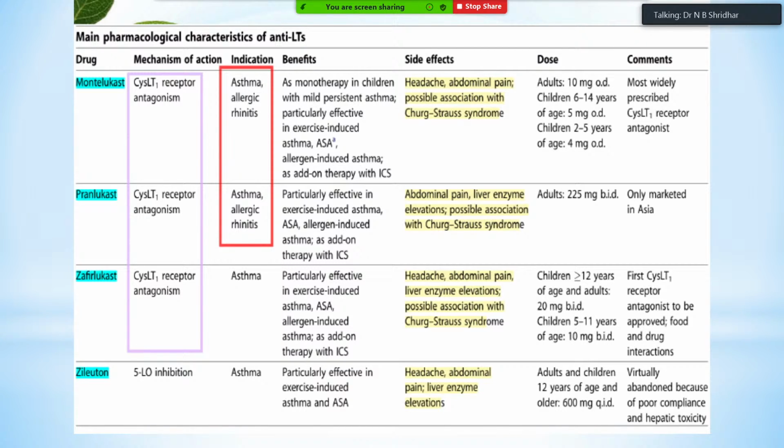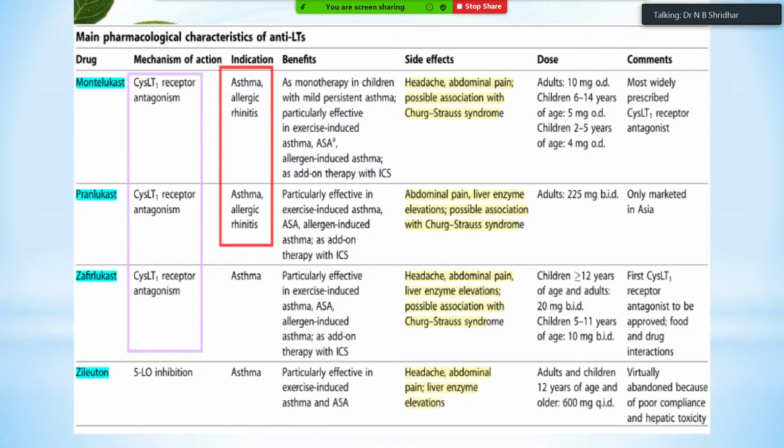Whereas Pranlukast also has similar properties to Montelukast sodium, and the side effects and benefits are very similar: allergy-induced asthma, and effective in varieties of asthma. The dose is high, that's 225 milligram BID. In case of Asia, it's marketed.